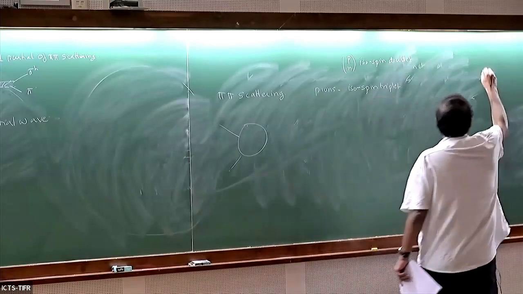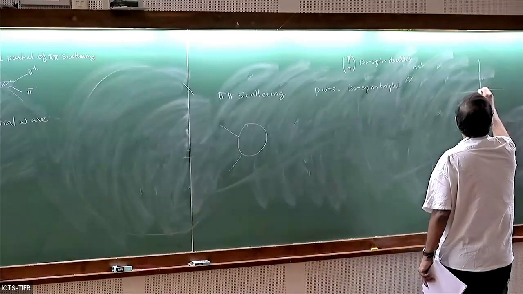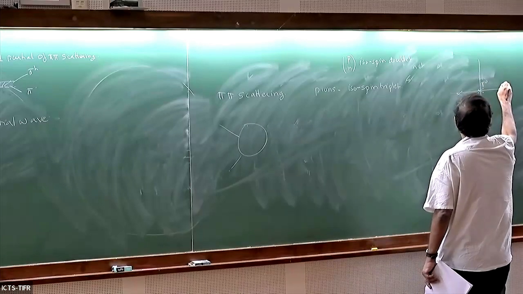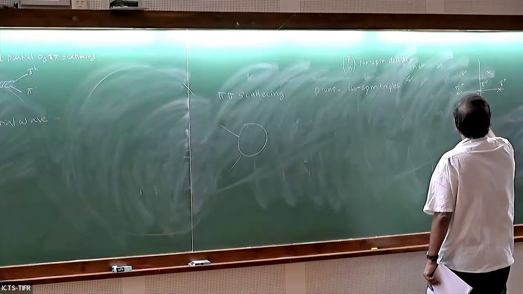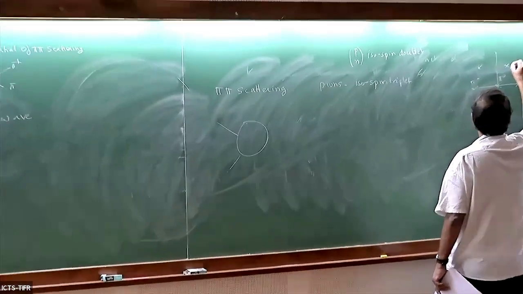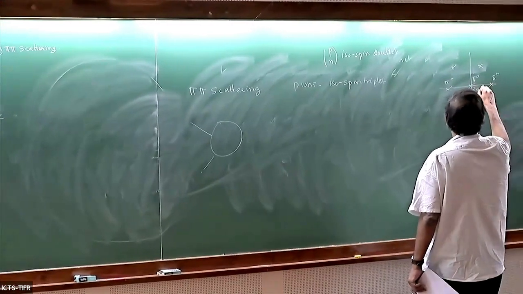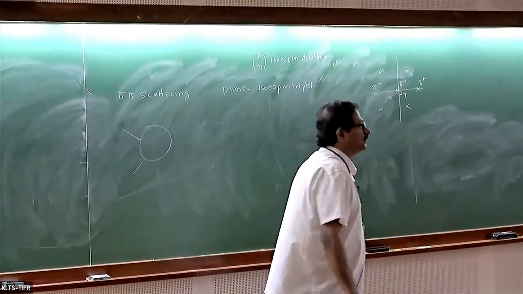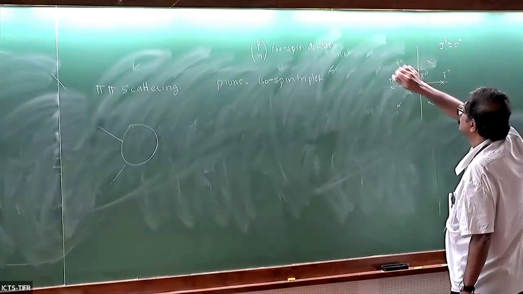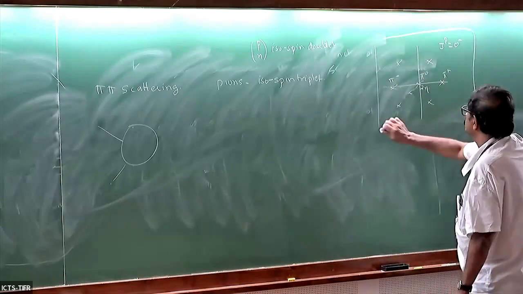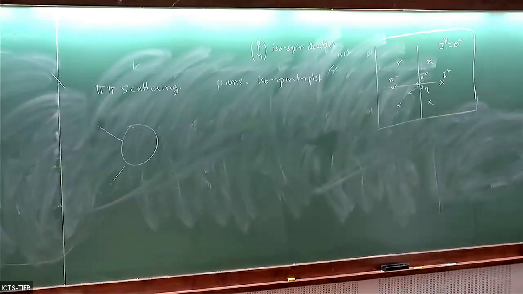Everybody knows this, right? So this is SU(2): you can have pi 0, pi plus, pi minus, kaons, and the eta. This is the J^P equals 0 minus part of the spectrum.